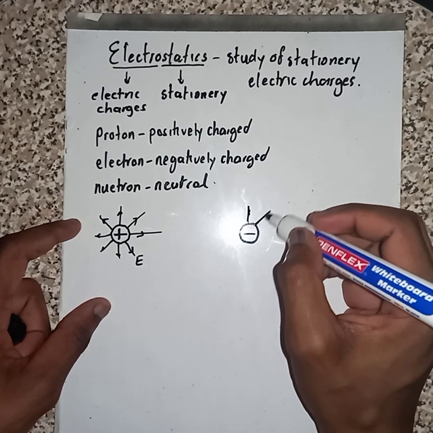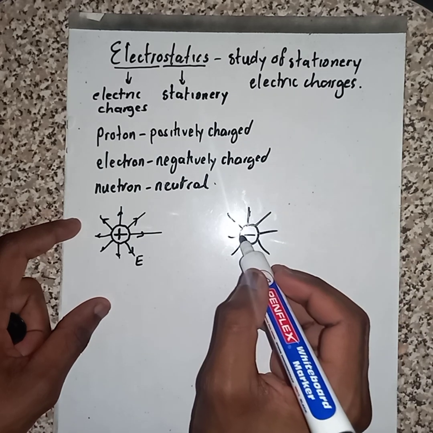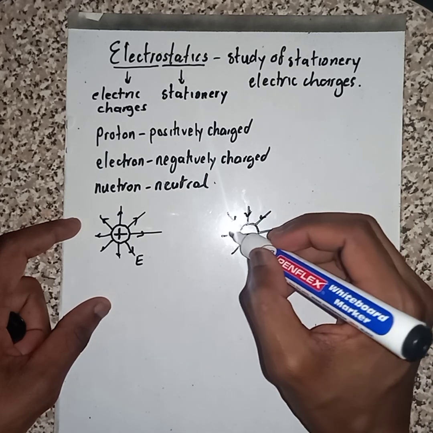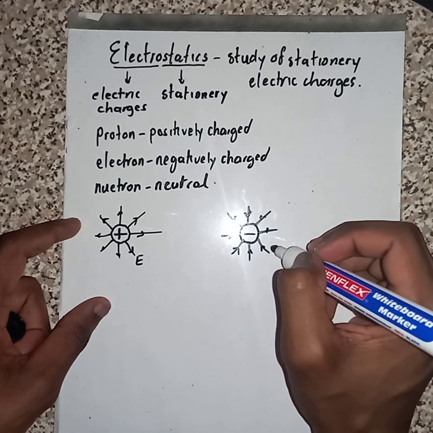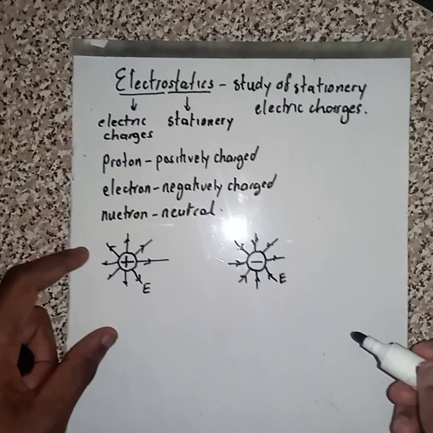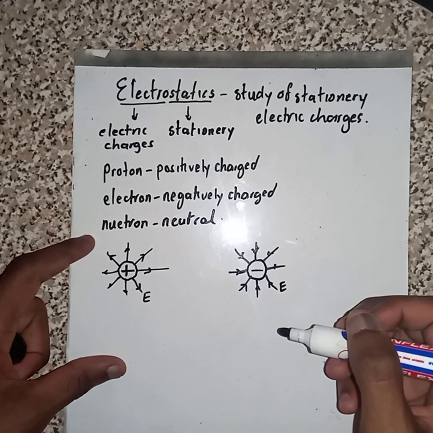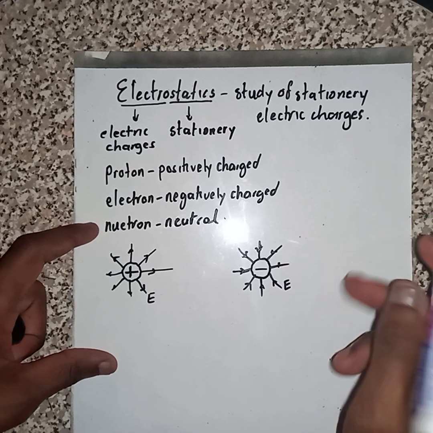Then for electrons, the field lines always move towards. Let me try to draw nicely. See, electric field, they always move towards.